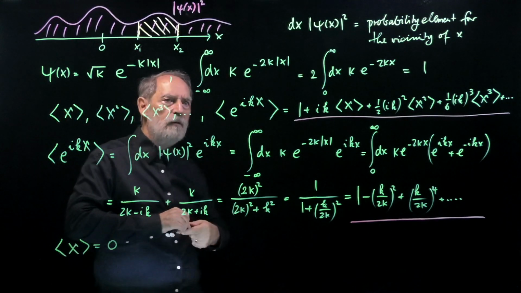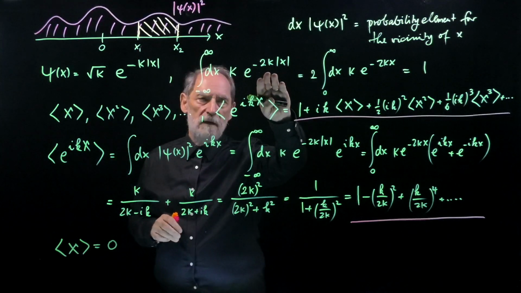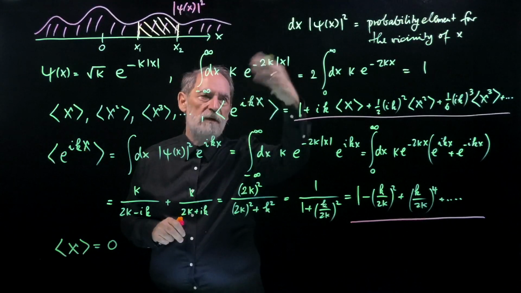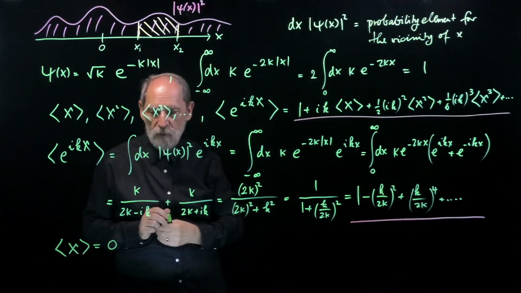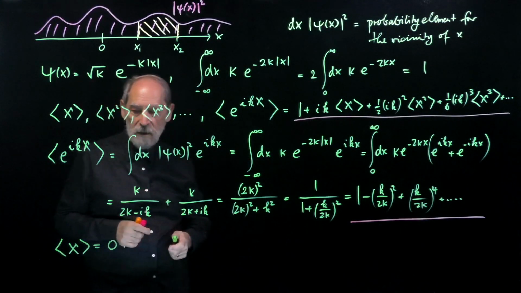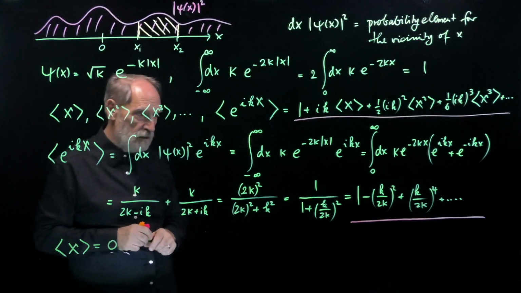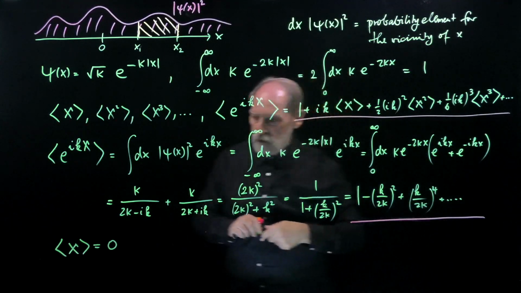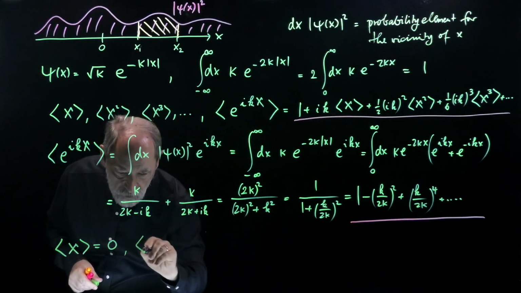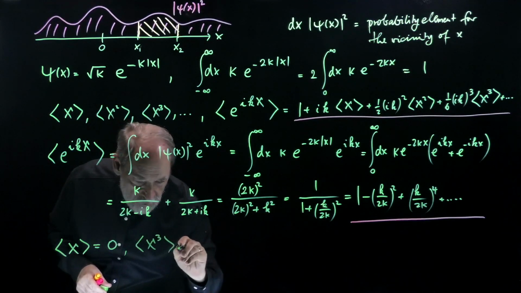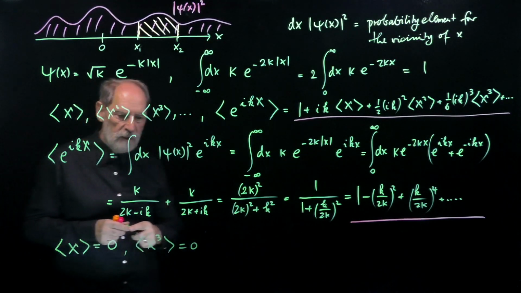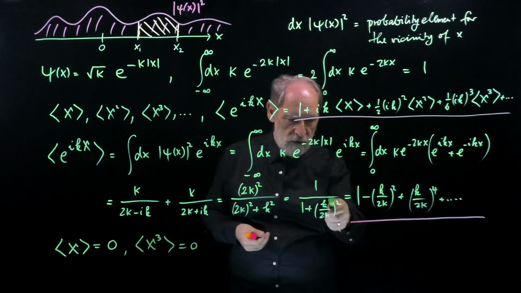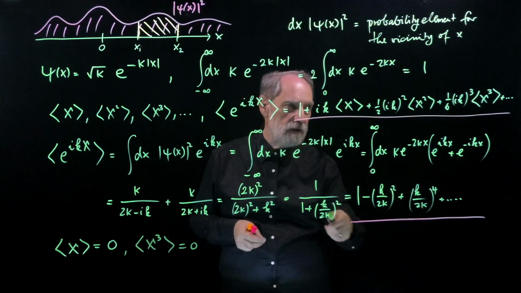Well, if we go back here, we see that this squared wave function is an even function of x. Positive x and negative x contribute the same way. So it's not a surprise that the expectation value of x is 0. And for the same reason, the expectation value of x cubed is 0. And in fact, the expectation value of any odd power of x will be 0, because here we only have even powers of the parameter k.